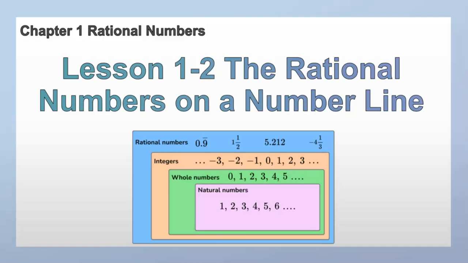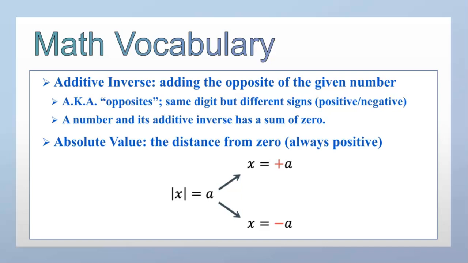So first off, some vocabulary. The additive inverse means adding the opposite of a given number. You'll know it means the opposite because there's going to be a negative involved with it, or if you think of the subtraction just means opposite. So it's also the additive inverse.